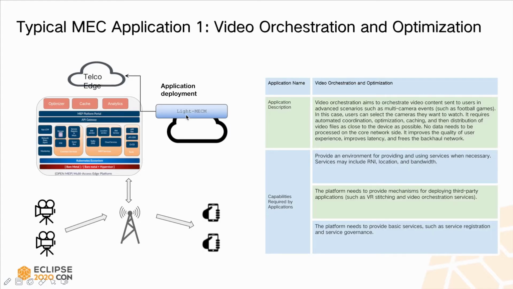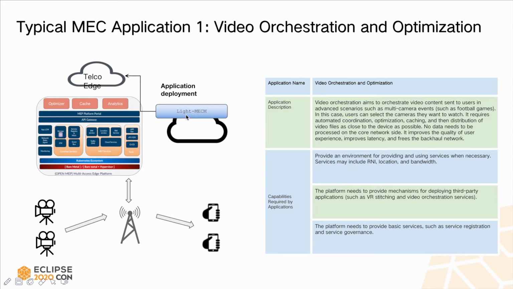So before coming to the architecture and the different kinds of open source choices, I will introduce three typical 5G MEC applications. The first one is video orchestration and optimization.